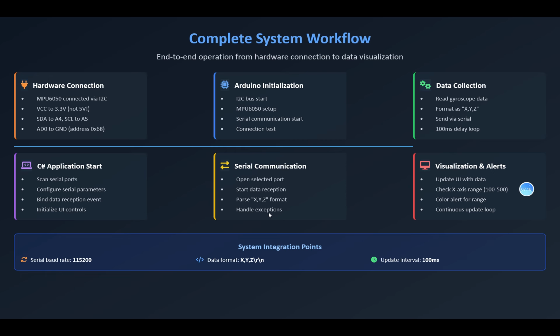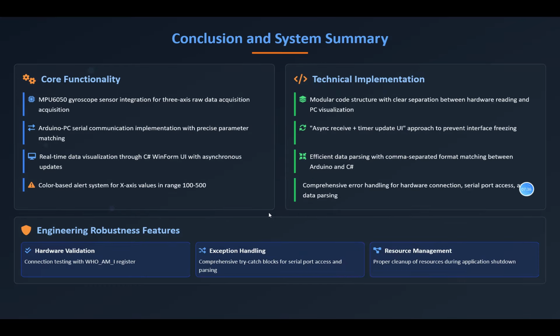The visualization and alerts update the UI with data, check the X axis reaching 100 to 500, and show a color alert for the range, with a continuous update loop. Then you can see the system summary.